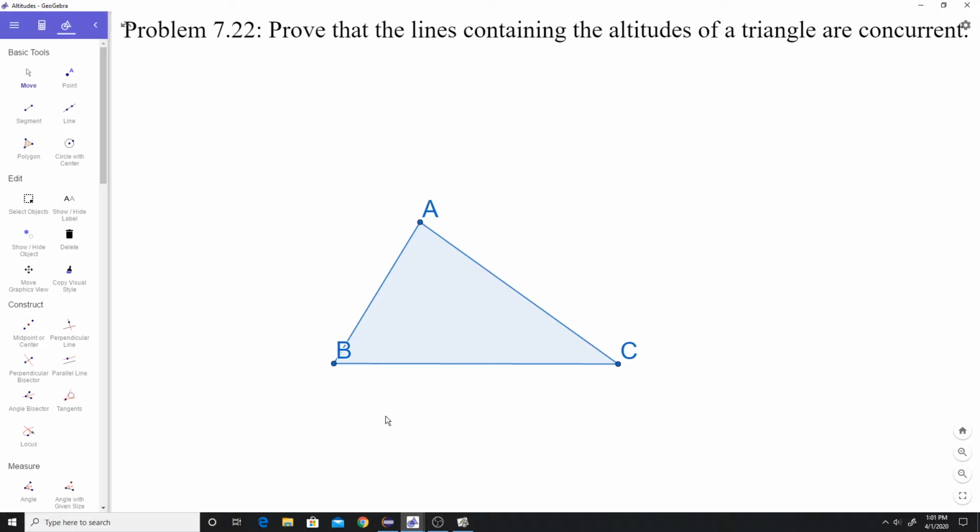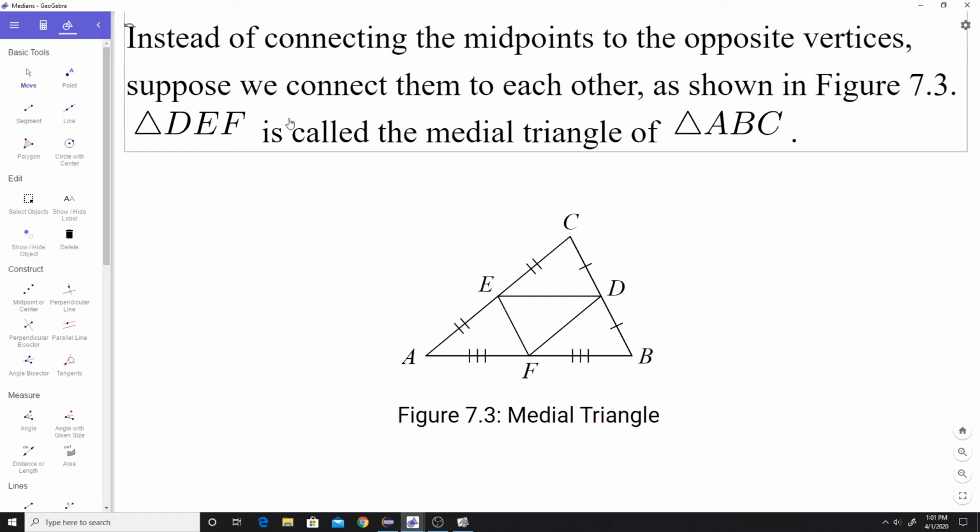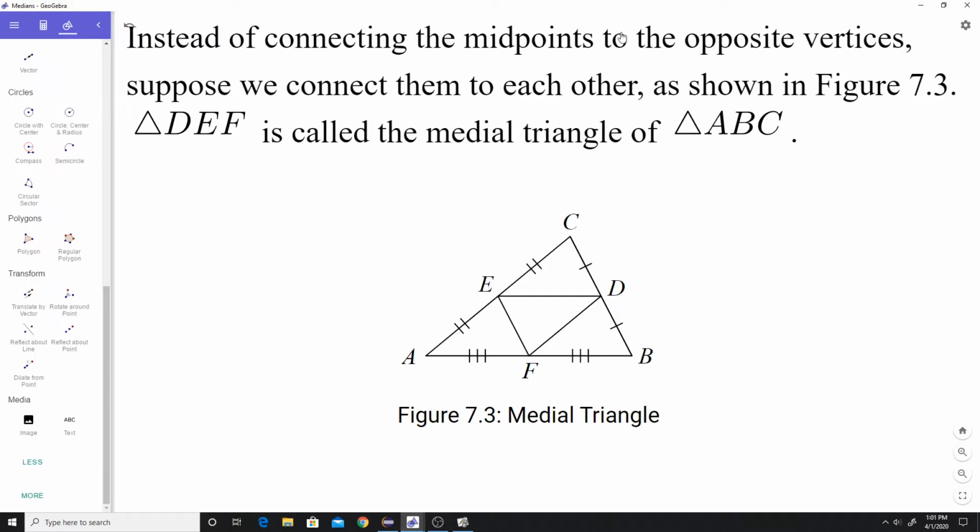Well, we also learned about something just yesterday in the medians lesson. We learned about something called the medial triangle. And the medial triangle is when we connect the midpoints together to form another triangle.